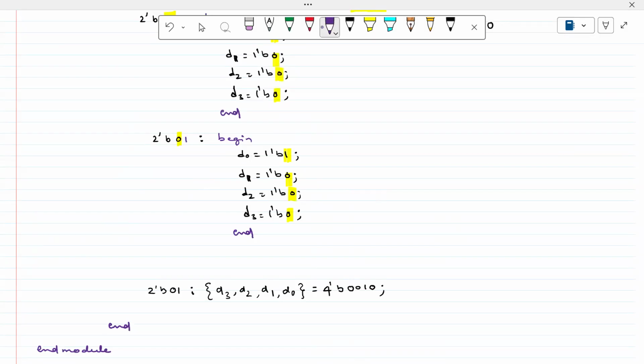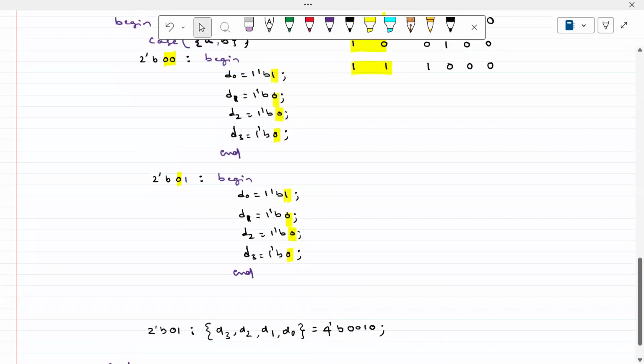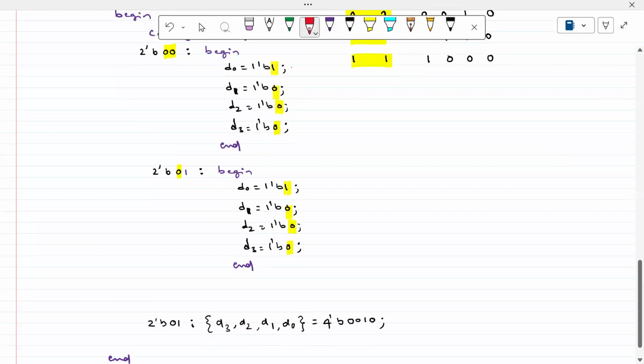D0 is equal to 0, D1 is equal to logic 1, and the remaining are all zeros. So here, what is the change that we observe? Only this value is changing, this value is changing, right? The remaining two are not changing. That means you can remove these two things also.